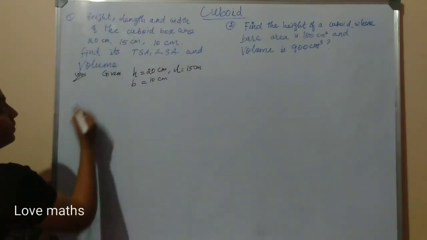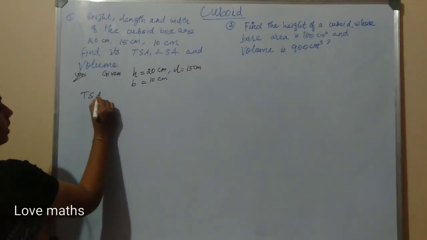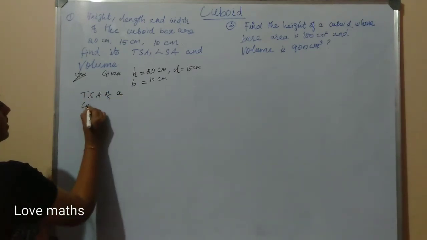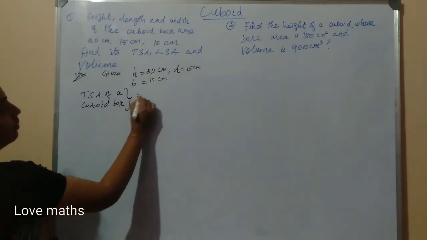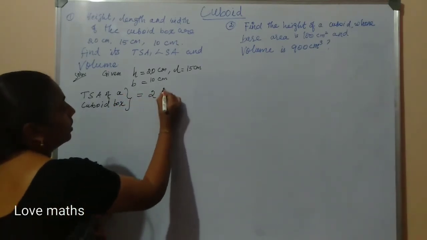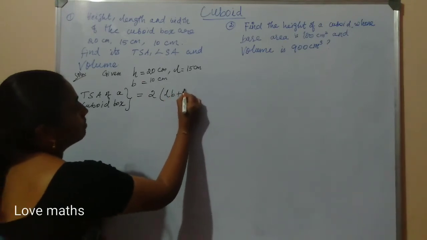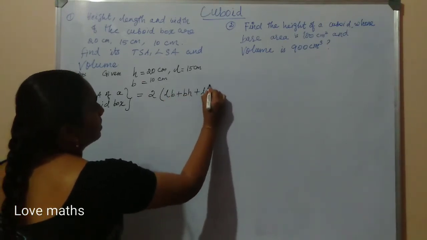Next, I want to find first TSA, the TSA of a cuboid box. First you should write the formula. What is the formula? 2 into (LB plus BH plus LH).